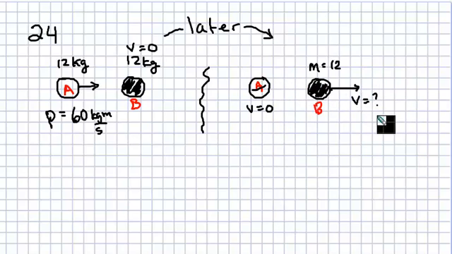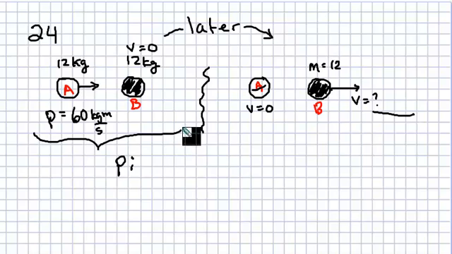And B travels on, and your job is to figure out what is the speed of B. If you're still a little perplexed, remember that the total initial momentum must equal the total final momentum. That'll help you get there.